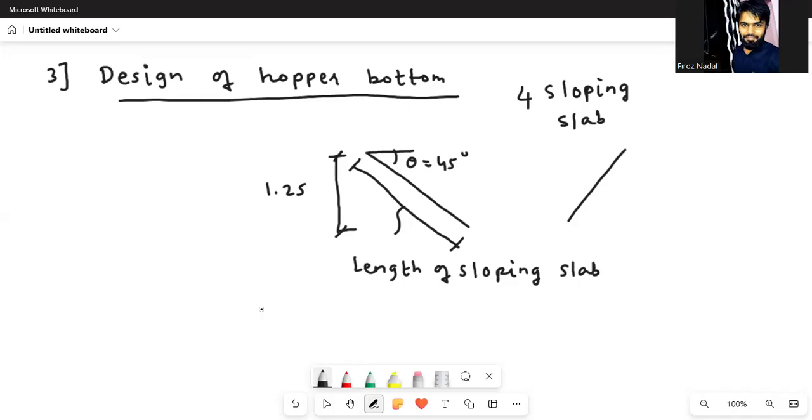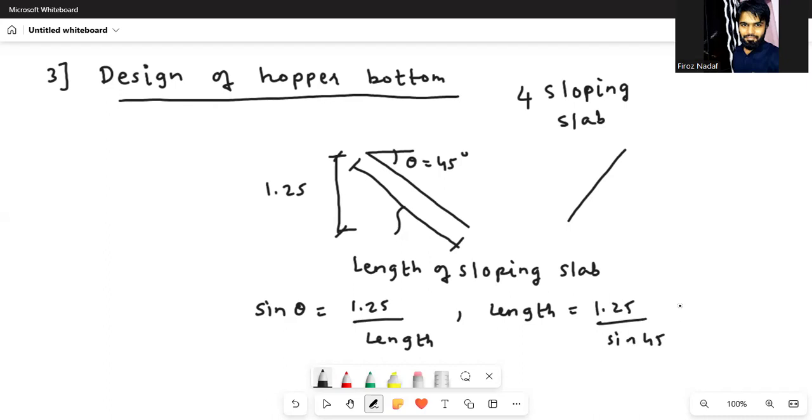We can use sine theta equal to 1.25 opposite divided by the length of the sloping slab. So length equals 1.25 divided by sine 45. Okay, so the length of the sloping slab is equal to 1.77. We got the length of the sloping slab.